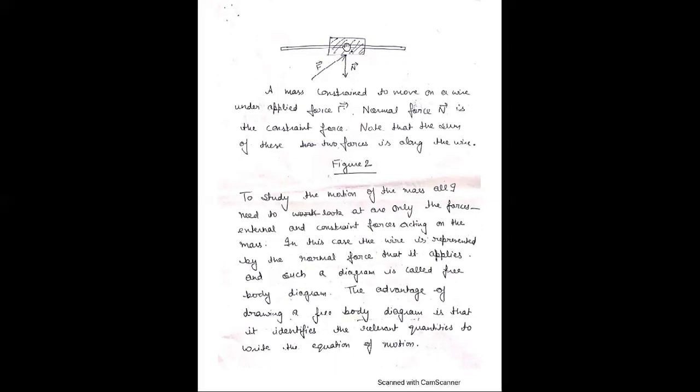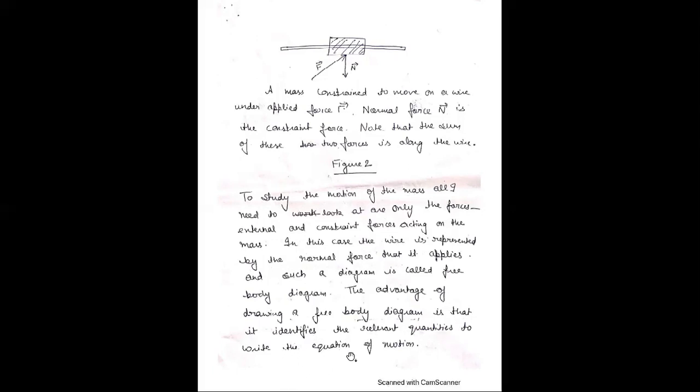Means all the forces applied externally on this body, we represent them and show their directions with the help of the free body diagram. A free body diagram gives the total number of forces acting on the body, and also the direction and magnitude of the forces that act externally on the body.